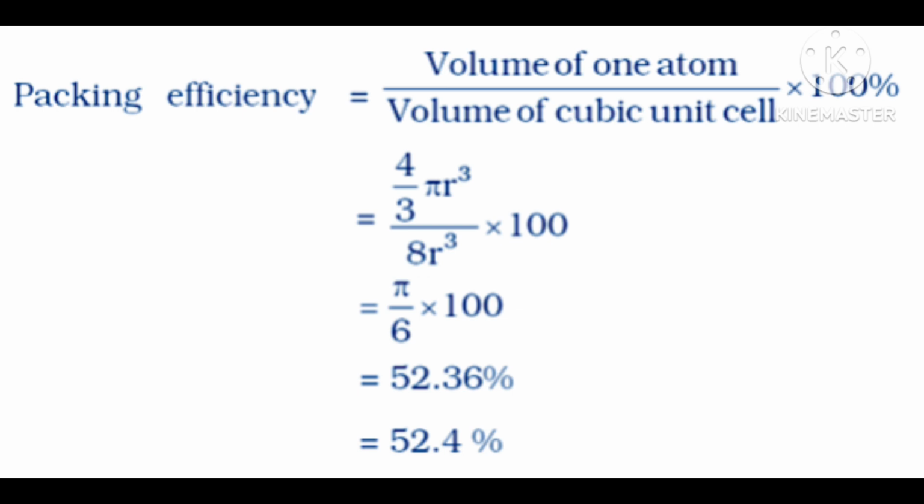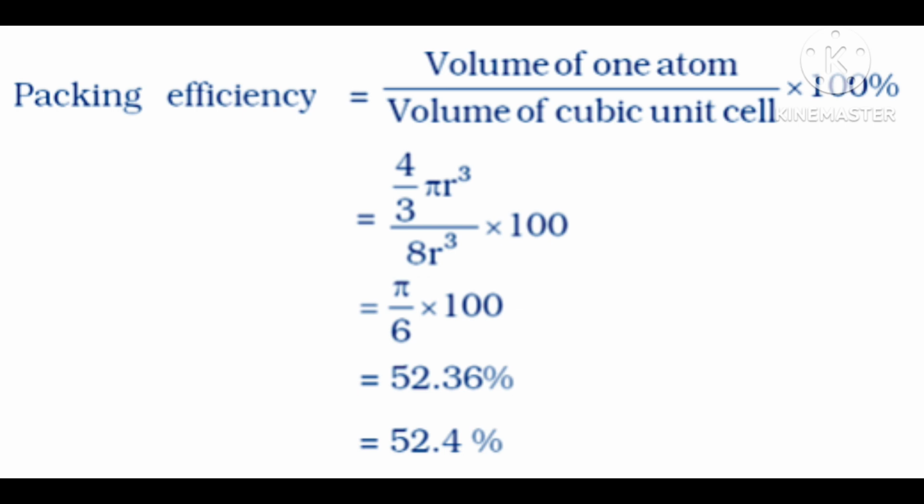After putting in these 2 values, it is 4 by 3 pi r cube divided by 8r cube, which is already calculated, into 100. After solving, the result will be 52.4%.